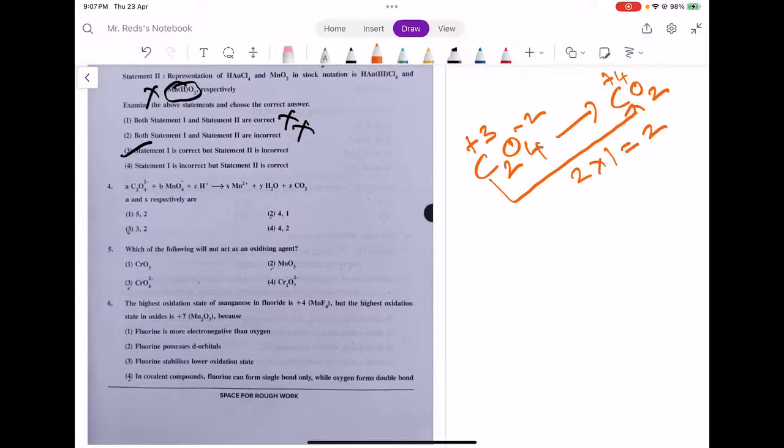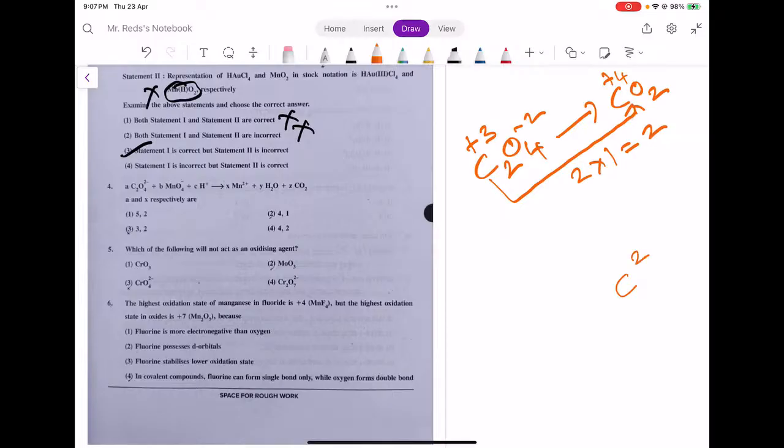In 1 mole of oxalate ion, 2 carbon atoms are present. Change in the oxidation number of 1 carbon atom is +1, means +3 to +4. Change in the oxidation state of 2 carbon atoms is 2 into 1, equal to 2.